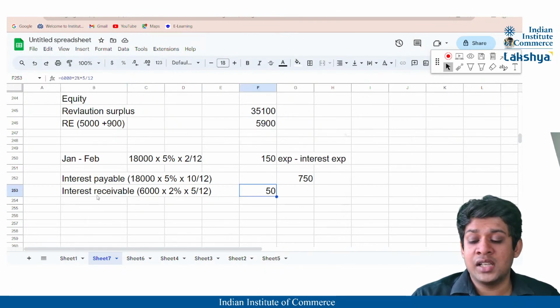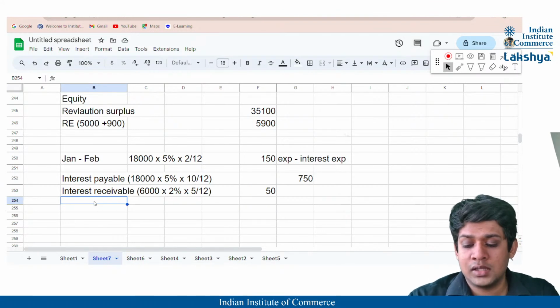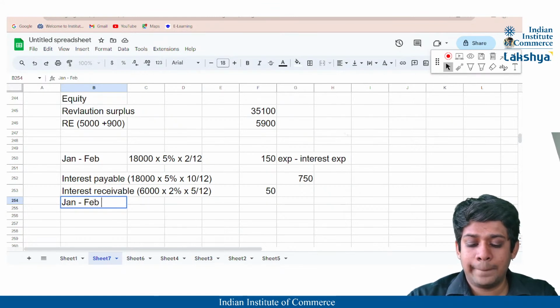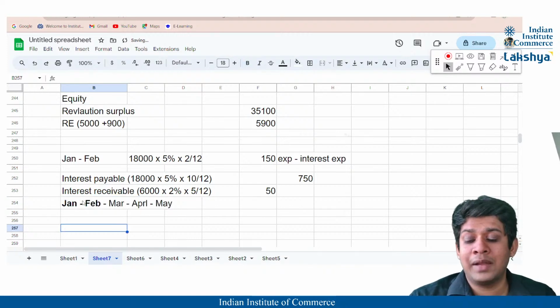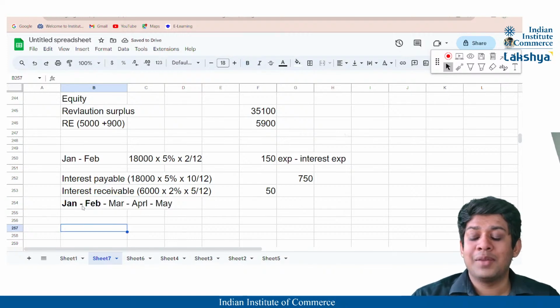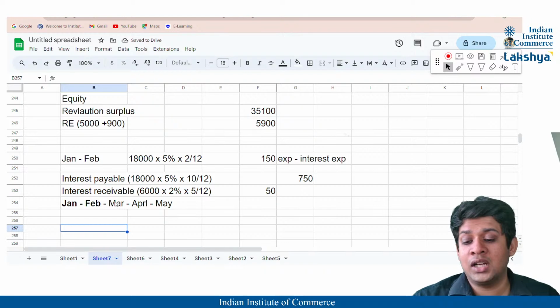But this interest income relates to which months? He invested in Jan, so it relates to the months of January, February, March, April, and May. Correct. For the months of January and February, my construction period did not begin.